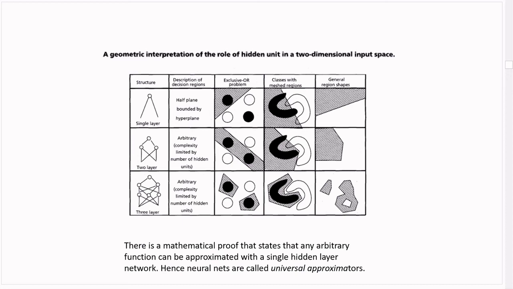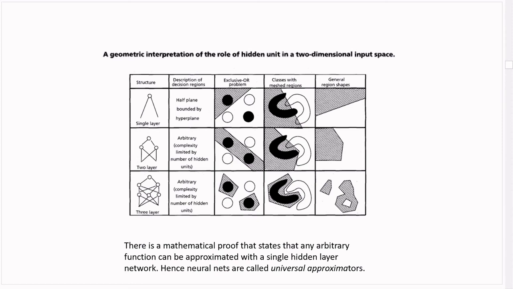So there is actually a very important mathematical result which says that neural networks are universal approximators. That is, with a single hidden layer of neurons, it has been shown mathematically that any arbitrary input-output mapping is possible. So basically, if we want to deal with nonlinear problems, all we need to do is to have multiple layers of neurons or a feed-forward network or a network that we call as multiple layer network.